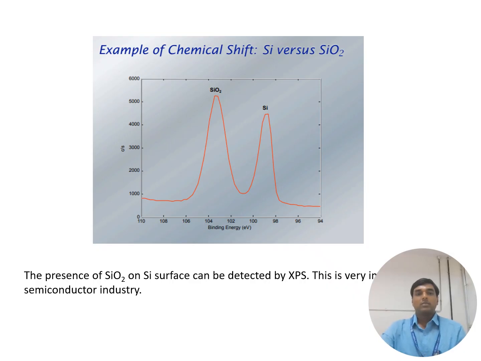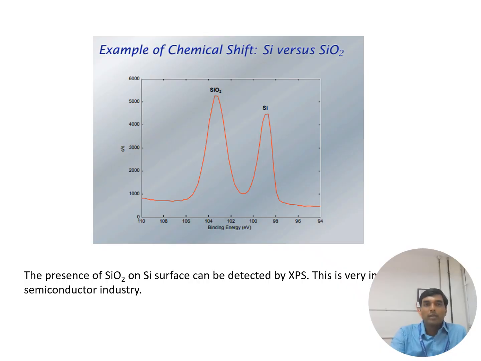If you get a binding energy of 90 to 100, you can confirm this is silicon. And if you get a higher binding energy, 102 to 104, then you can confirm this is silica. So using XPS, one can easily identify whether your composition has silicon or silica.